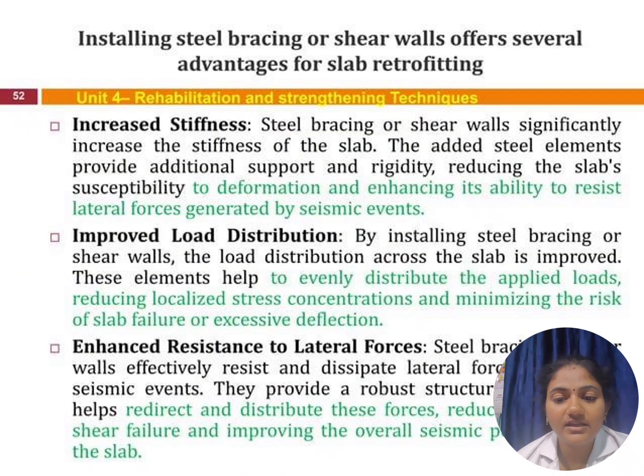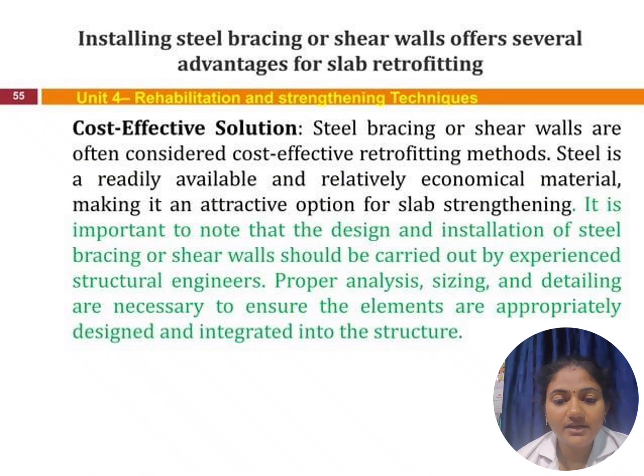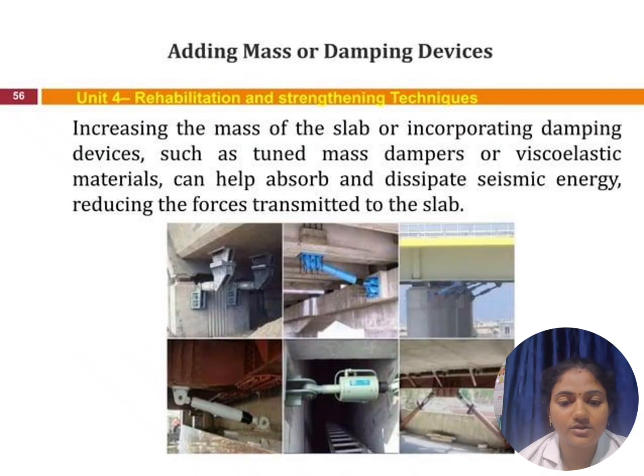And then they have some advantages of increased stiffness, improved load distribution, and enhanced resistance to lateral force, and then it is adjustable, retrofit friendly and a cost effective solution. Here it is considered in a big manner, where the design and fabrication of steel walls is carried out by experienced engineers, and proper analysis is done for the cost effective solution.